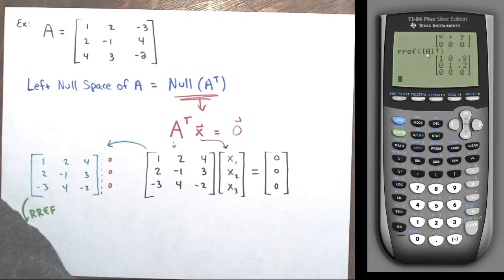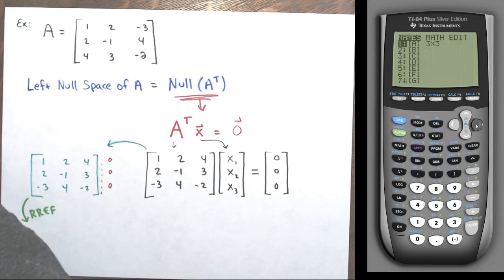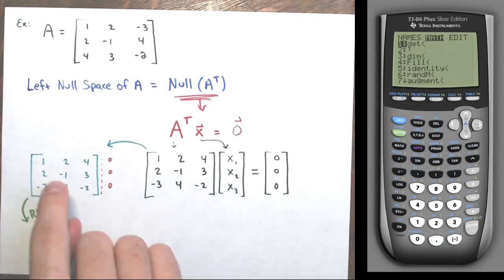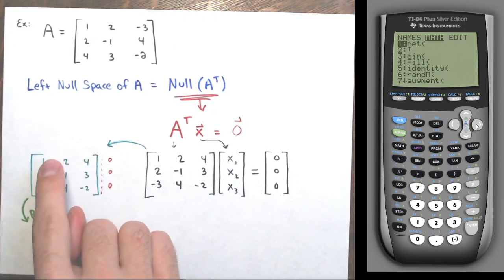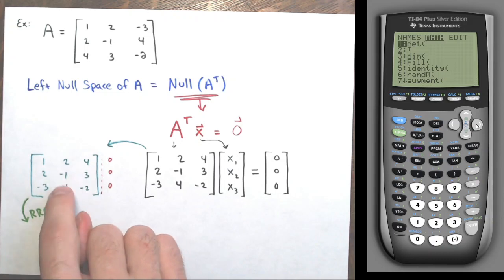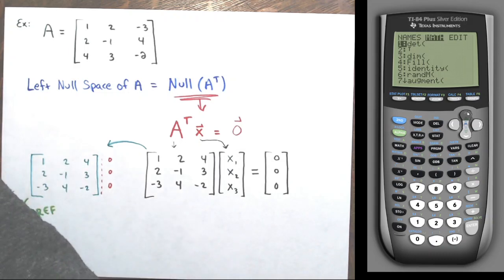And the last thing I put up was reduced row echelon form of A transpose. I don't want that. So second matrix, I just want matrix A. This is the way I entered the matrix in my calculator, right? I entered the transpose in my calculator. So I go over to math up to where it says RREF, not REF, but RREF. I want reduced row echelon form. And then the matrix that I entered, what I enter is called A here.